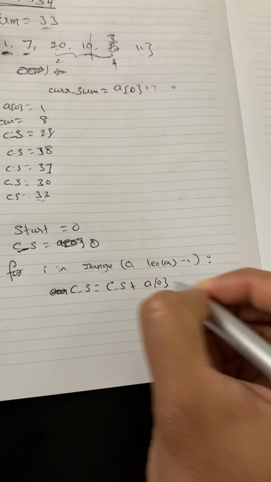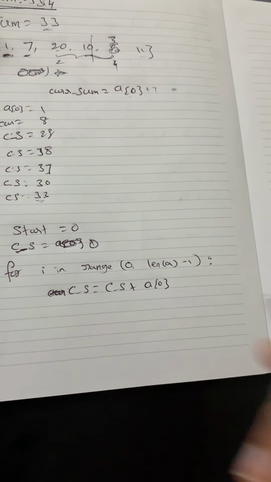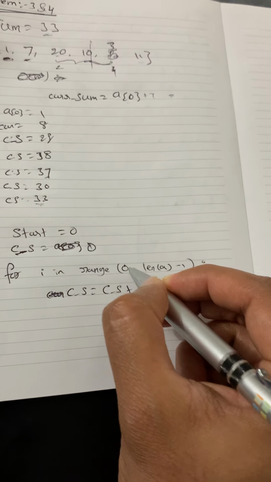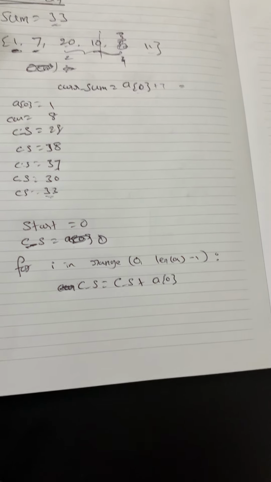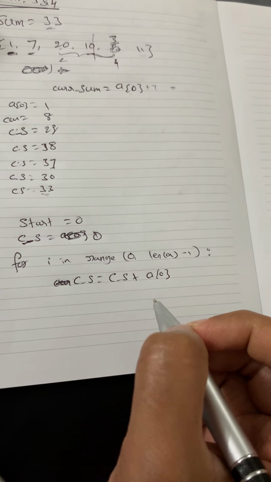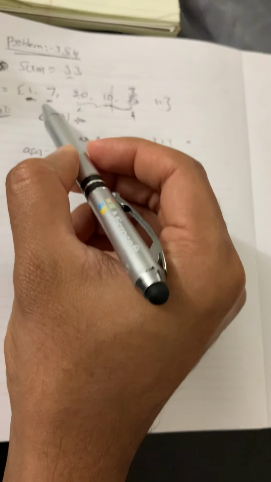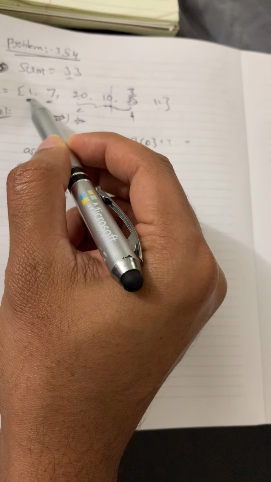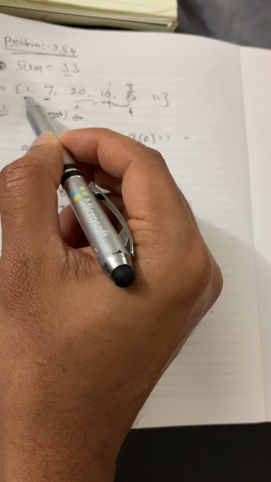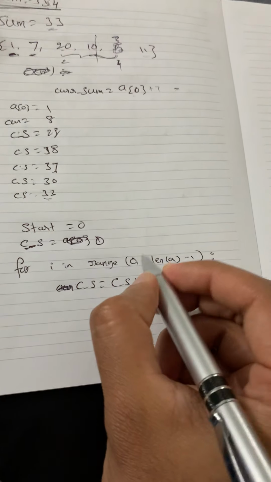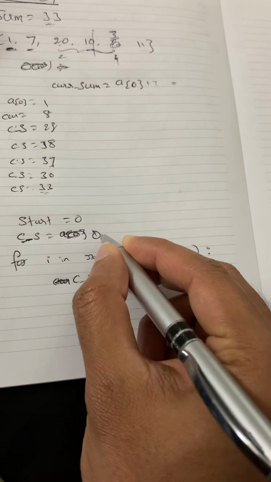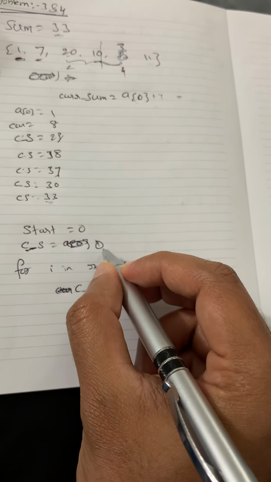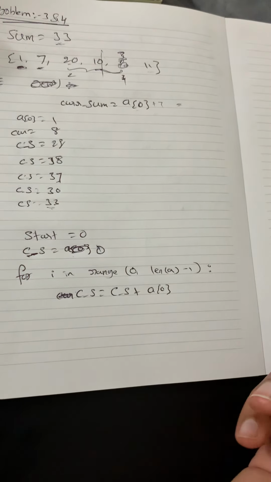So we can do from 0. If we do a of 0, then we will have to do from 1. In this case, we don't know, maybe in some problems the solution may come from the first element. So I'll be doing from 0. I will just change it to 0. Instead of assigning it to the first element, I will assign integer 0.